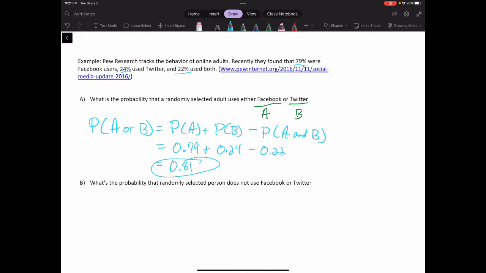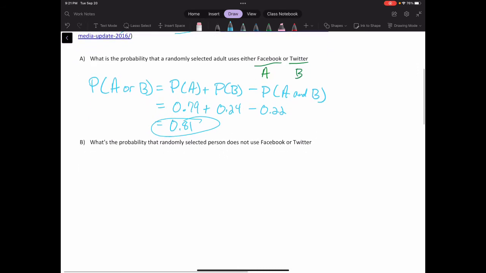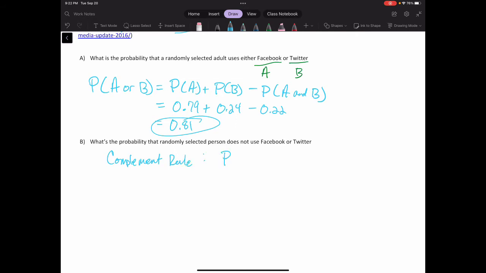What's the probability that a randomly selected person does not use Facebook or Twitter? In this case, we're going to exploit the complement rule. Remember the complement rule? It said the probability of A complement is equal to 1 minus the probability of A. That's what we're going to do here.